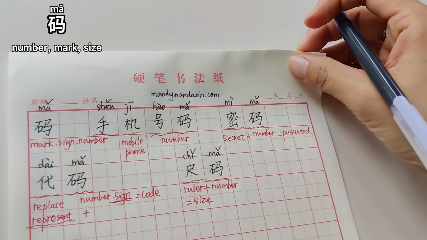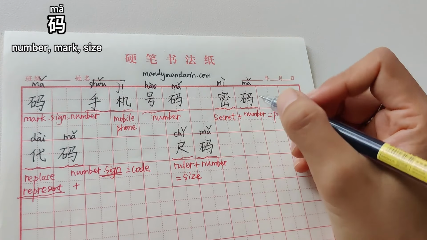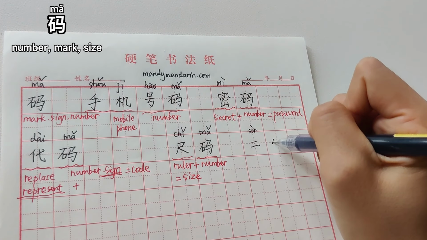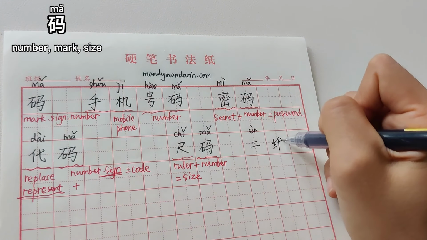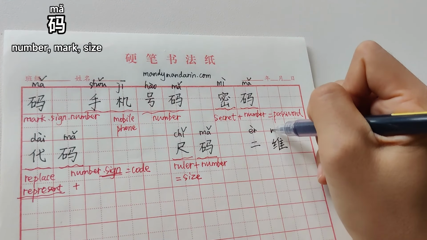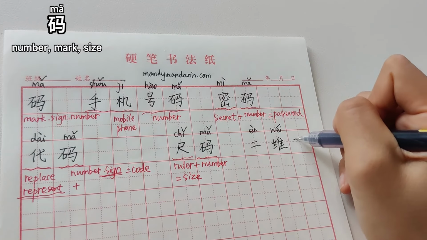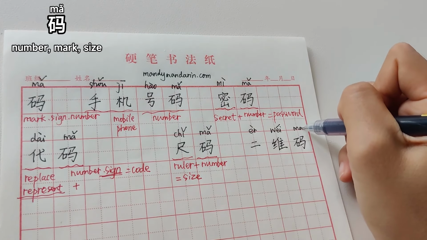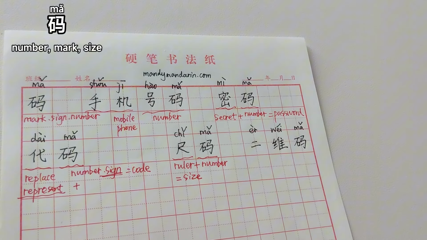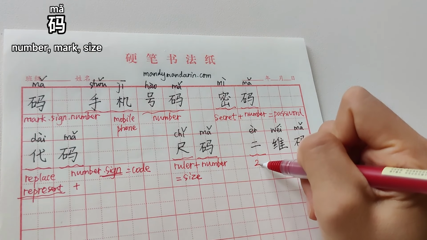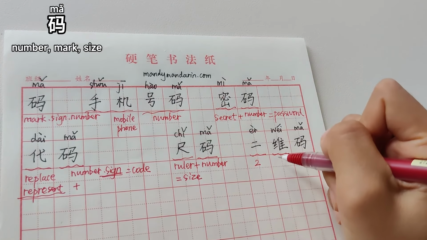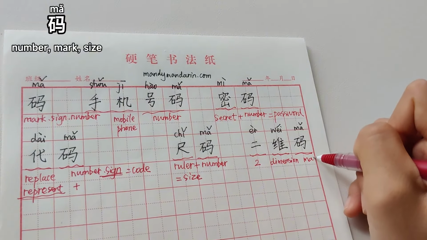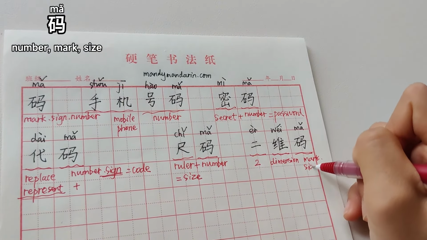The last word I would like to introduce to you is 二维码. 二 is 2. 维 is dimension. 码 is a mark or a sign.